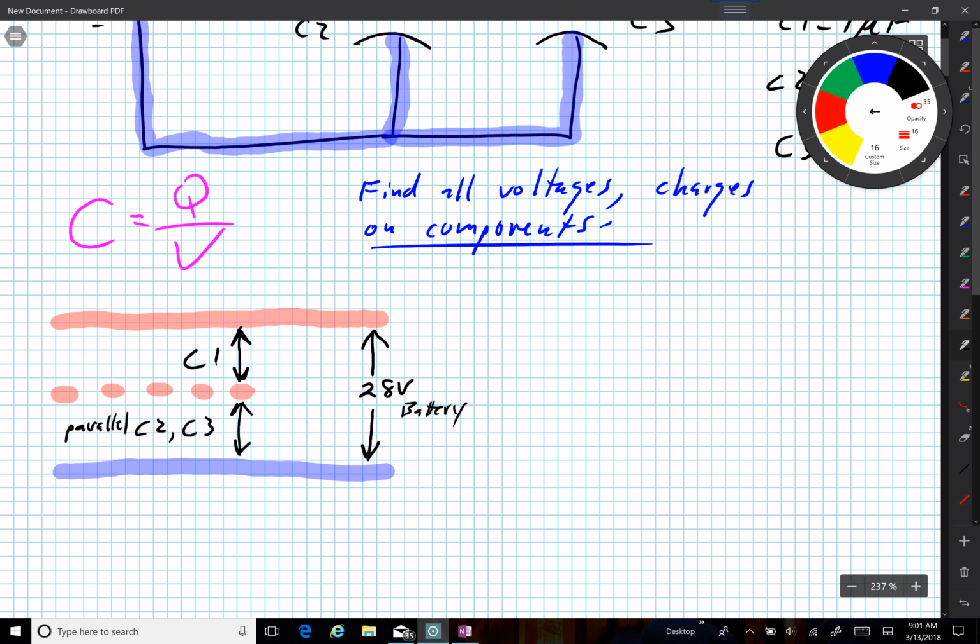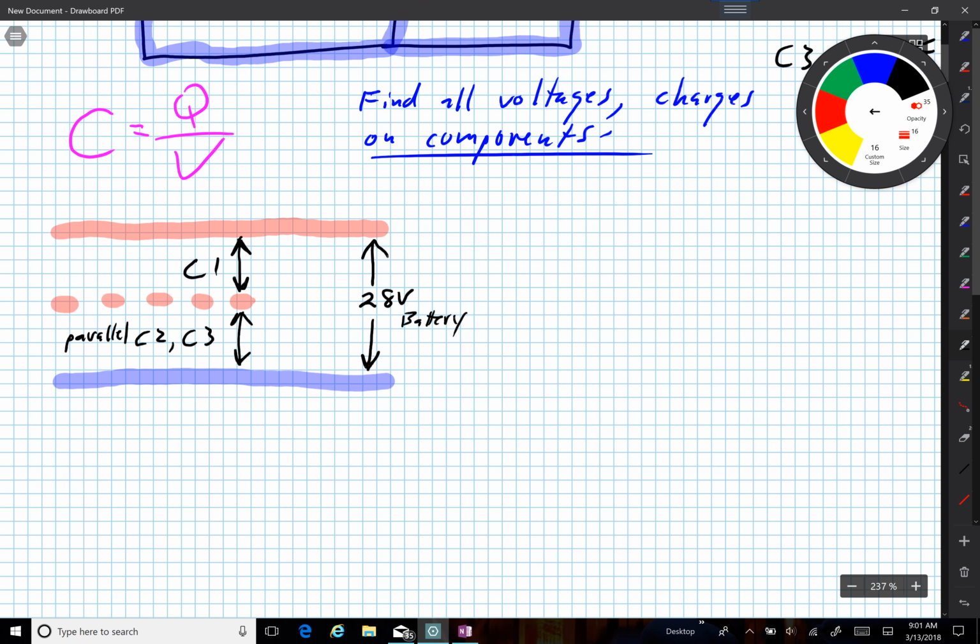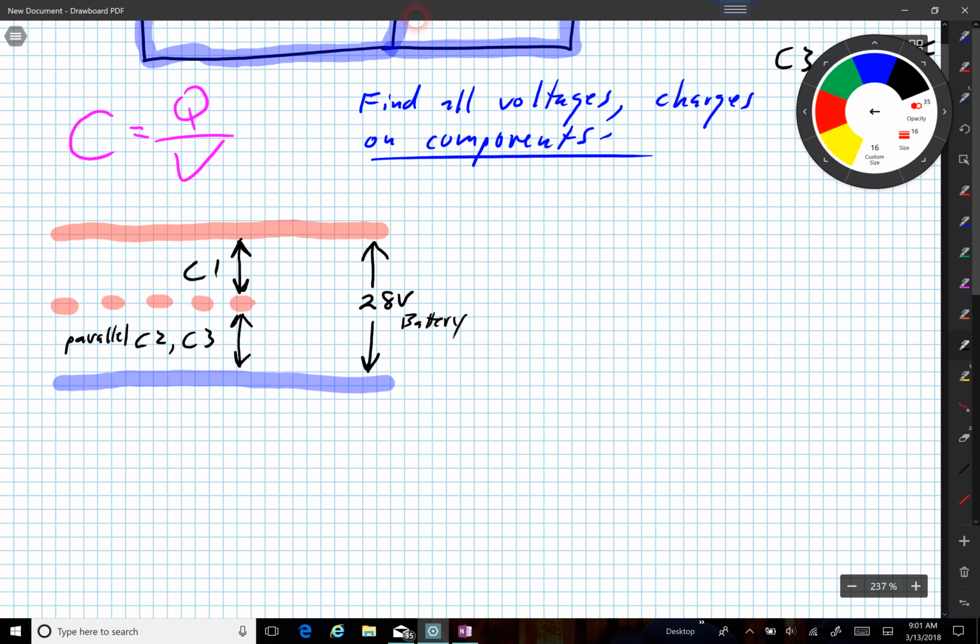Okay, so that means I can combine those two. I can combine two capacitors in parallel and redraw the circuit. And if I do that, I'm going to get the following diagram. I'm going to get a battery with 28 volts across it.